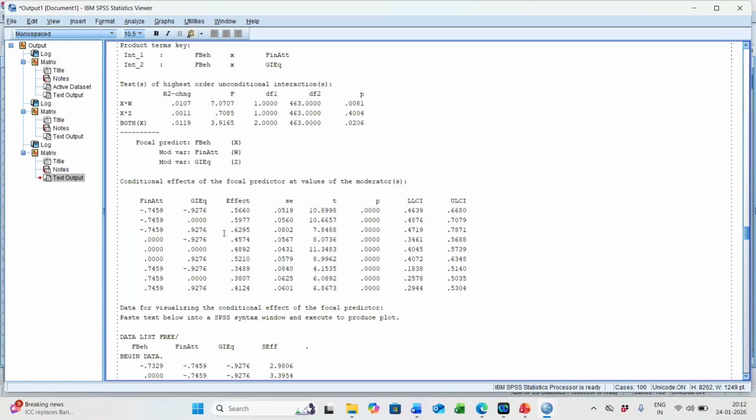Remember, this is very important. Theoretically, this kind of finding is very, very important.